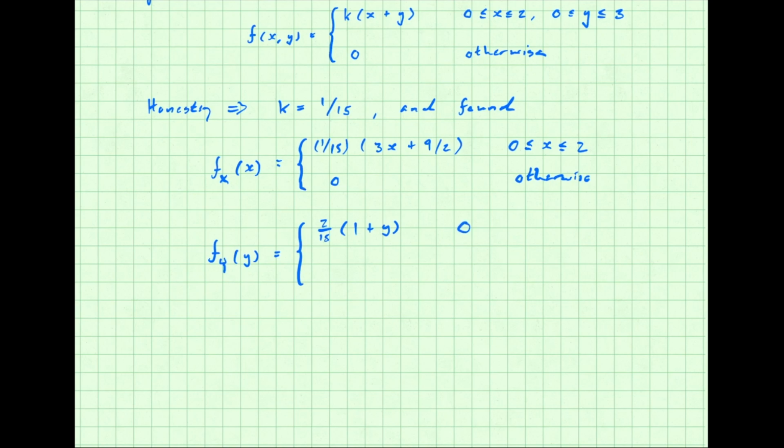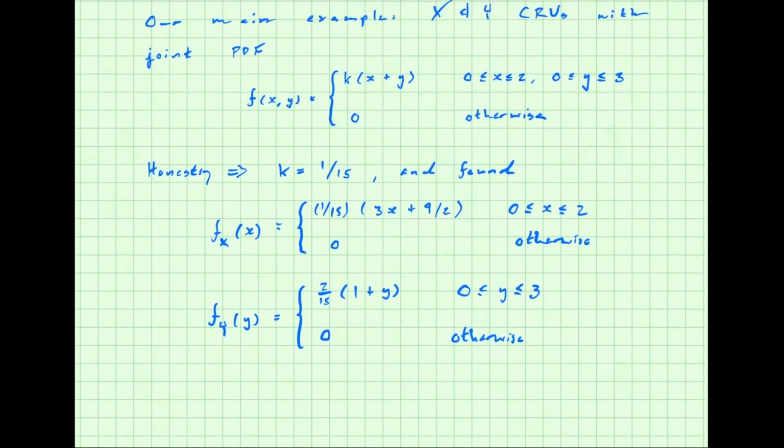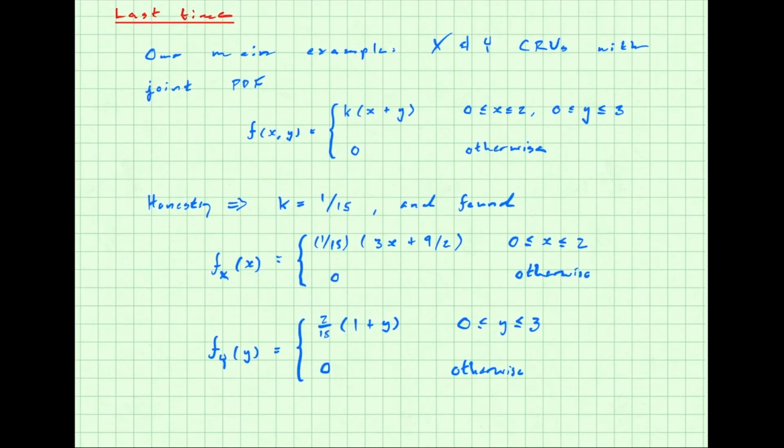And this was for y going from 0 to 3, and it's 0 otherwise. Okay, now, I mainly just wanted to write these things down because we're going to use them again today. And it's good to just have a copy of them here rather than try to redevelop them.